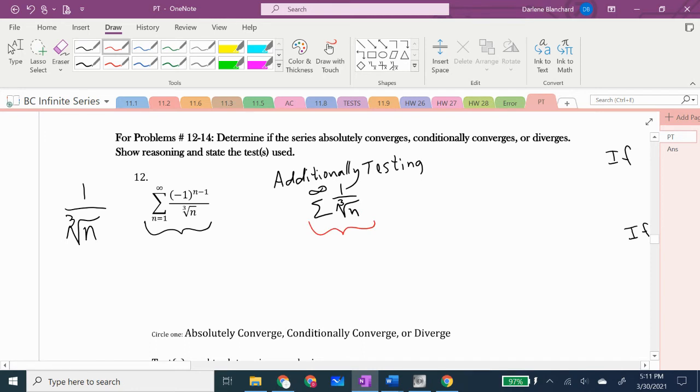For this one, I'll put down it is converge by P, or what am I saying? I already said it was diverge. Diverge because the P is 1/3, which is less than 1.